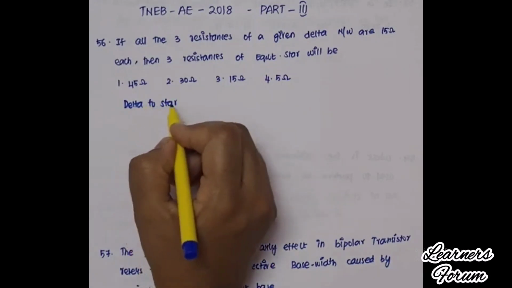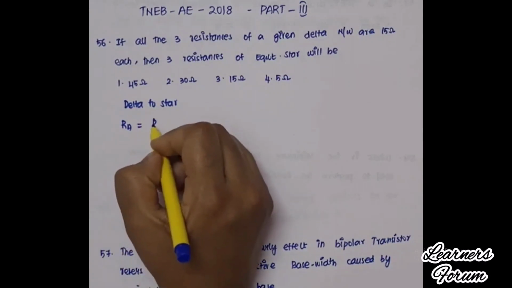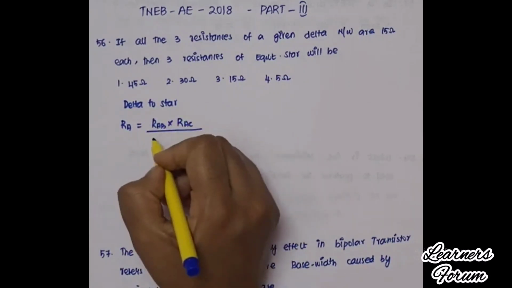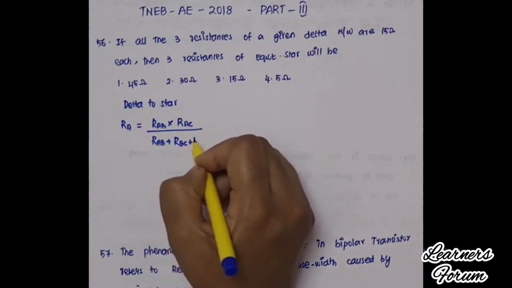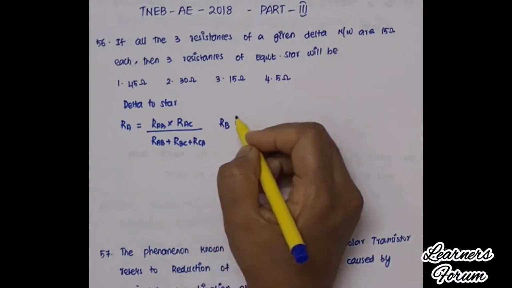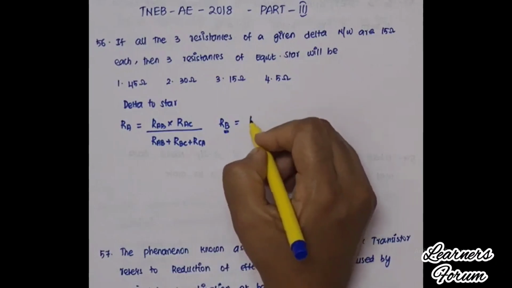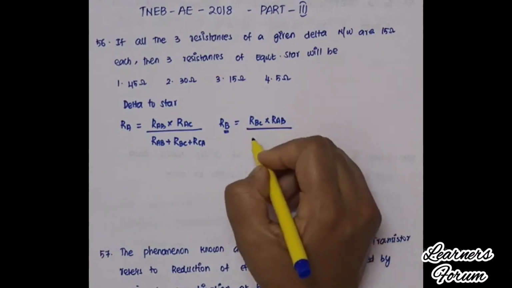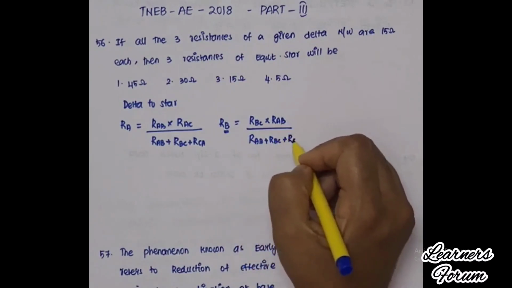To convert a delta network into a star network, the formula used is RA, which is equal to, we have to represent in terms of A, so it is RAB into RAC divided by the total resistances, RAB plus RBC plus RCA. Next for RB, in the numerator we will get RBC into RAB divided by again the total resistances, RAB plus RBC plus RCA.